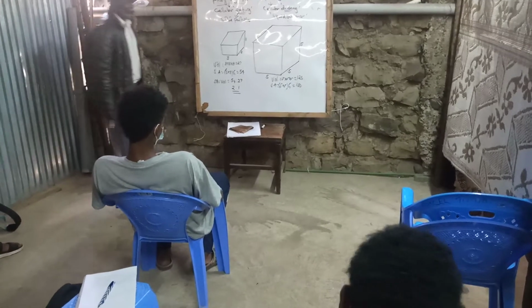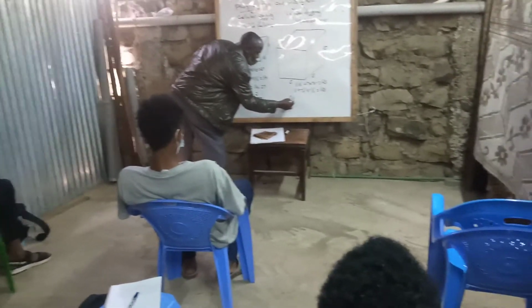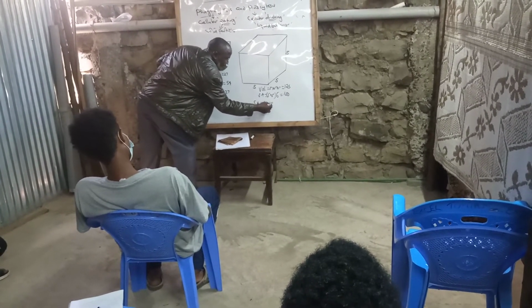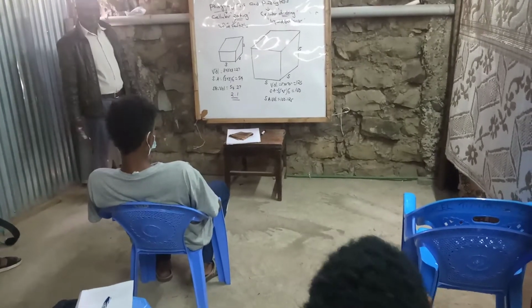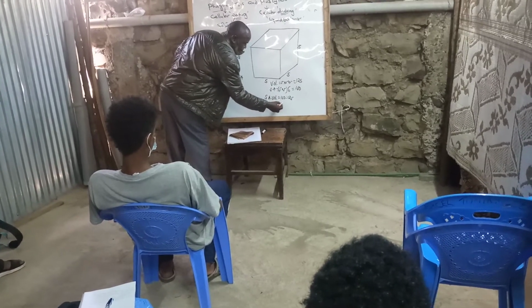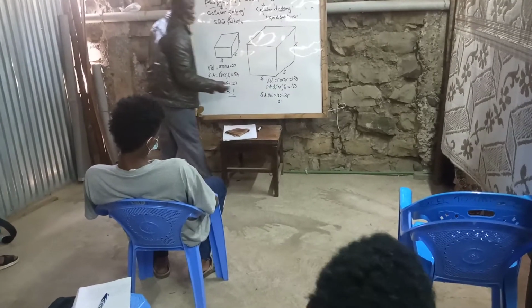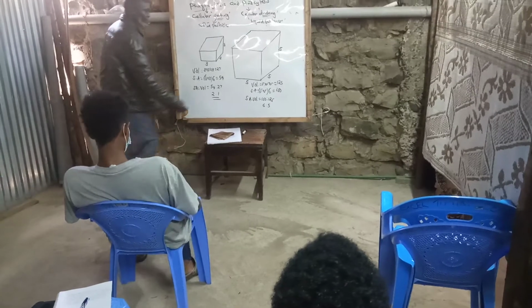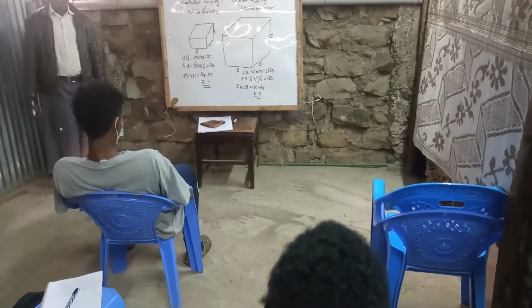So what is the surface area to volume ratio? 150 to 125, which can simplify by 25 to 6 to 5.